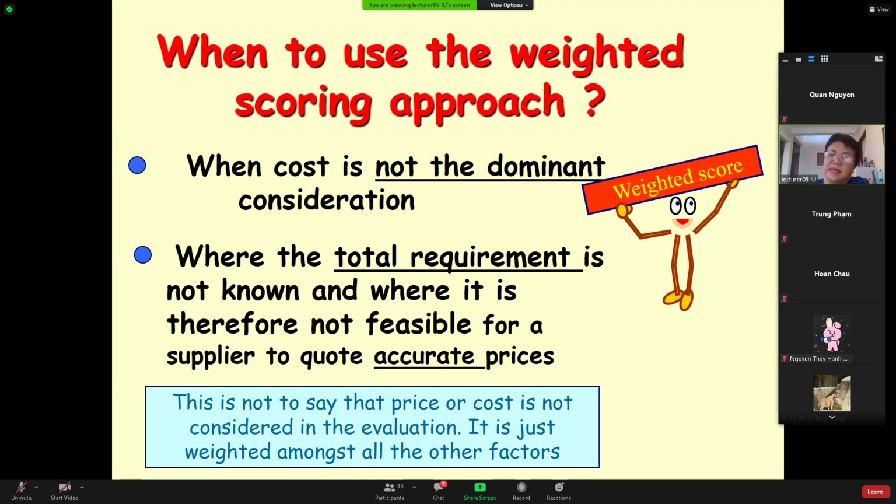It does not say that the price or the cost is not considered in the evaluation. It is just a weighted factor among all the other factors. Cost is not the only criterion that you will base the selection on. Okay?